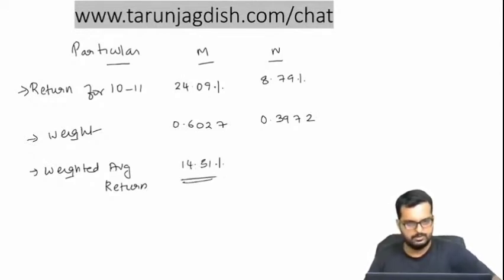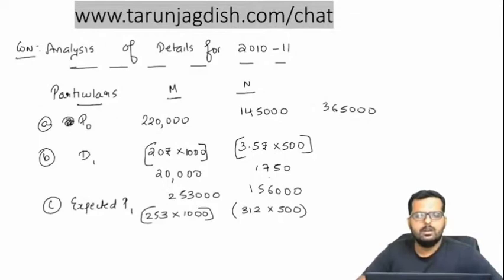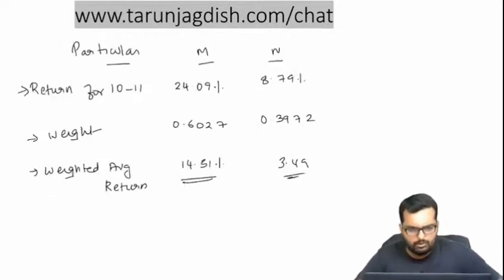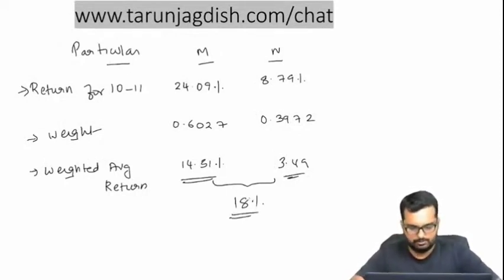That gives 14.51 percentage, and here 8.79 into 0.3972 gives you 3.49. So overall average, you add up these two, 14.51 plus 3.49, and I'll get the answer as 18%. Can you write down this in your books and finish it off?